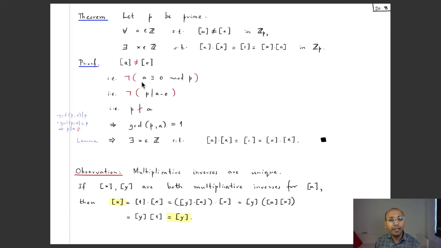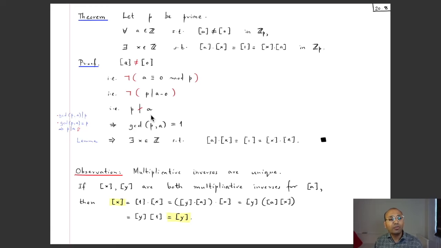And this inner thing means that p divides a minus 0, in other words p divides a, so that can't happen because we know that it's not the case that a is congruent 0 modulo p, and so p does not divide a.